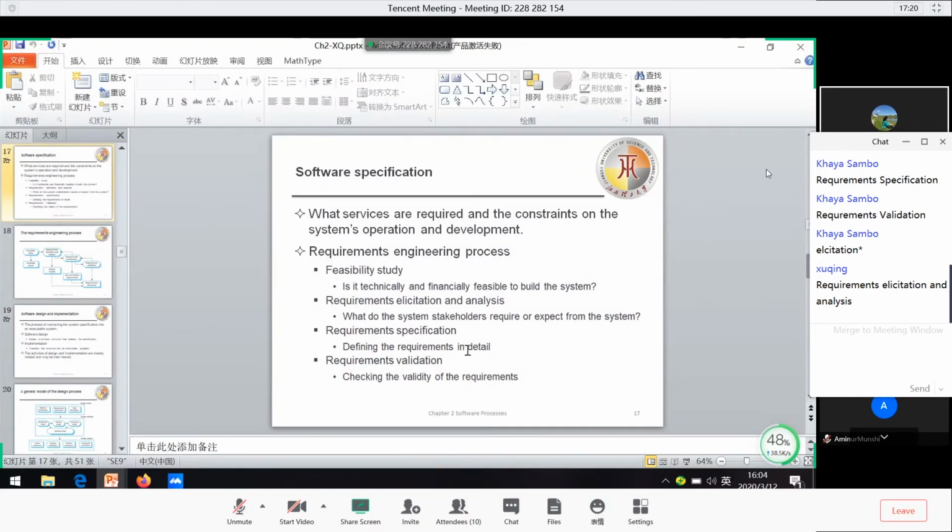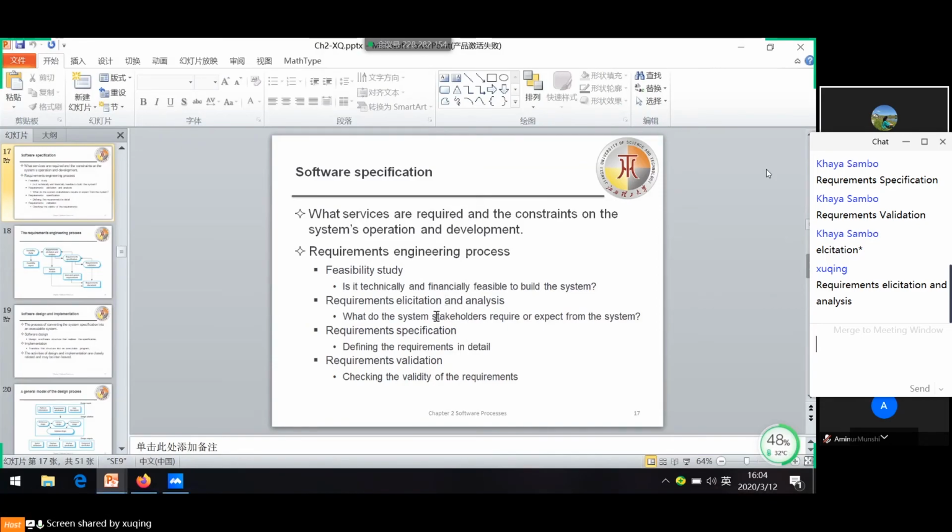That means we convert these discovered requirements into some standard form specification. Then we pass to the requirements validation to check the validity of the requirements, that is, to check if the requirements actually define the system that the customer wants. These are the four activities.